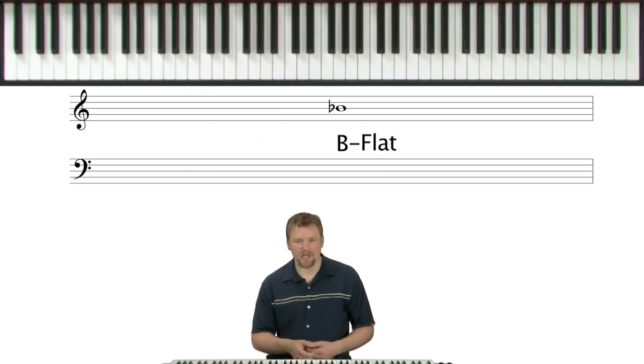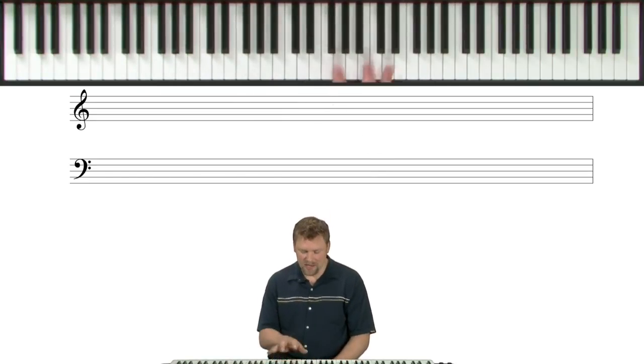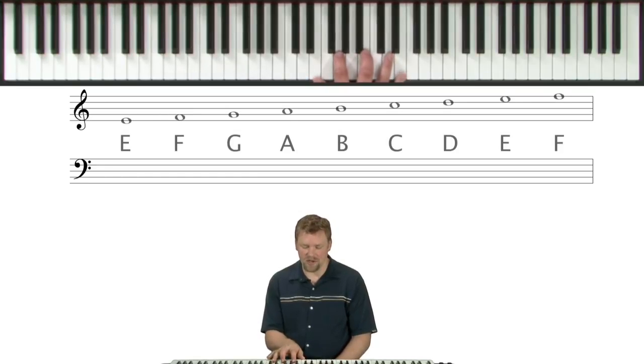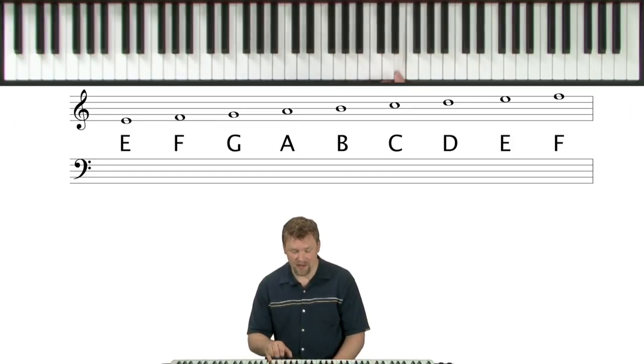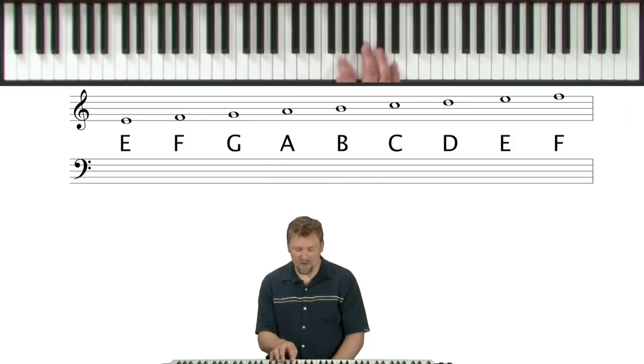So, let's review that a little bit. We've got the lines that show us the notes E, G, B, D, and F. Then we have the spaces that show us the notes F, A, C, and E. We've got a sharp symbol, and what that does is raise the note.